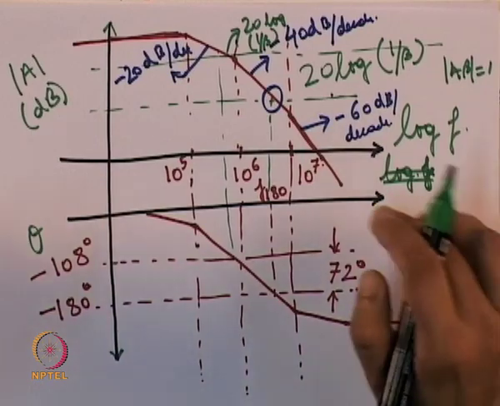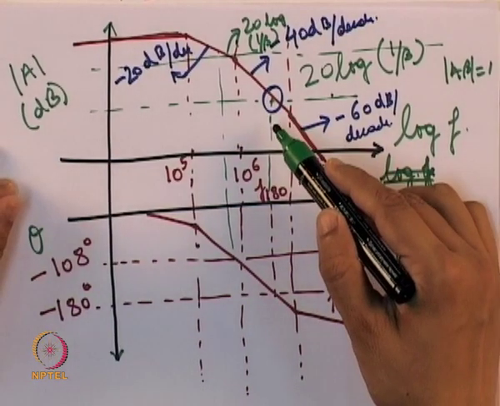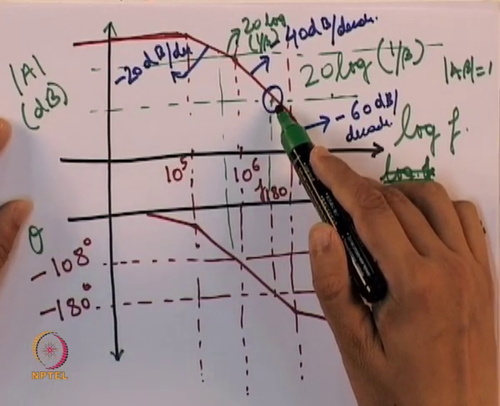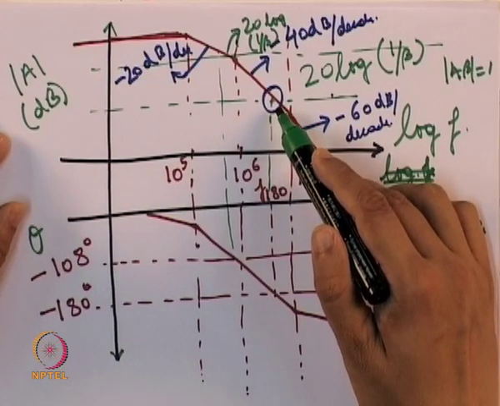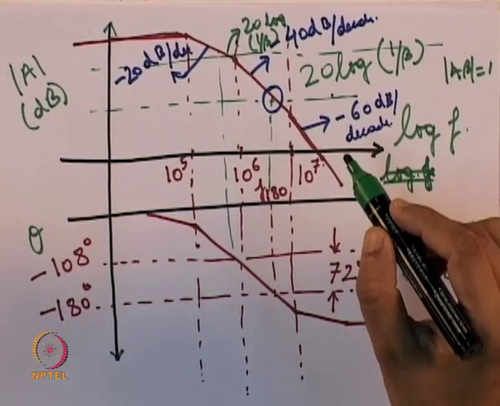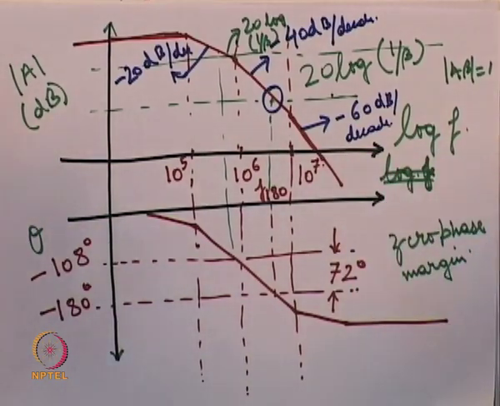This tallies with the discussion we had in the last module, where we said that this minus 40 dB per decade region corresponds to the two pole case, that is the region where the impact of two poles is there, and therefore, the minus 40 dB per decade region is a potentially unstable region for the feedback line to pass through.